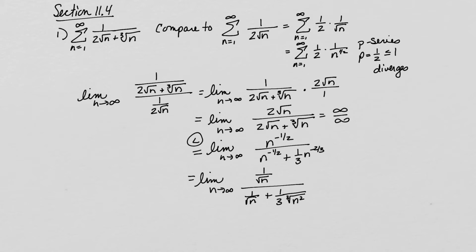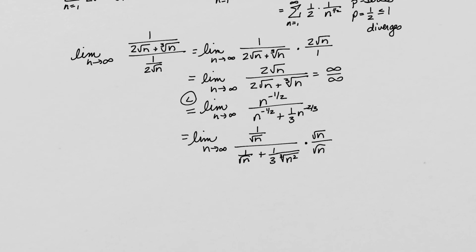And so what I'm going to do is multiply the top and bottom by square root of n to help clear this out a little bit. So this is going to be the limit as n approaches infinity of 1 on the top, 1 on the bottom, and then plus square root of n over cube root of n squared.